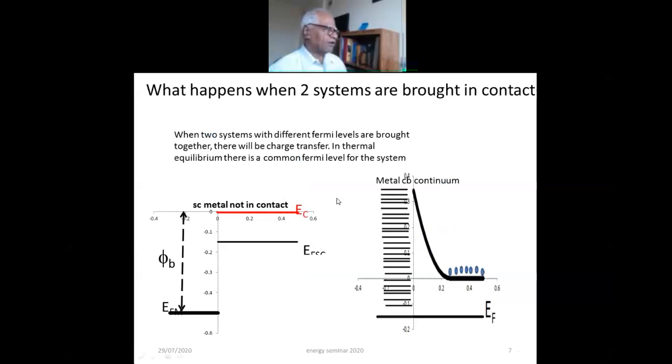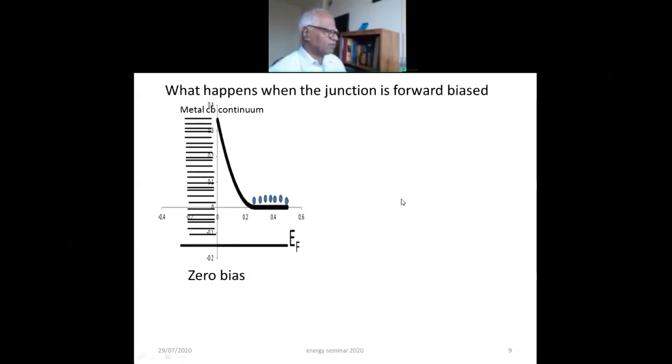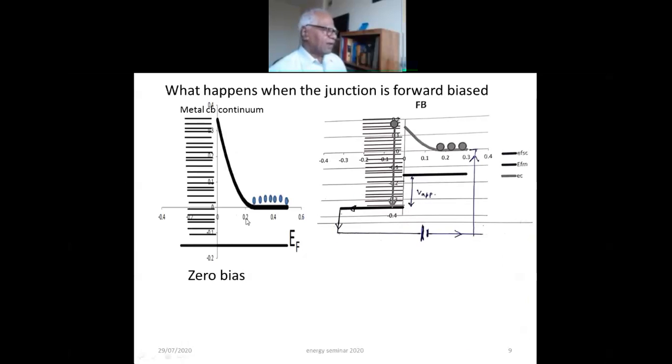Sorry, I went in the wrong direction. Let me see what happens when I start biasing it. So this is zero bias, and now when I bias it, you can see that this barrier, which was so large from the semiconductor side, has become small. But phi b from the metal to the semiconductor remains unaffected, because when I put a negative bias here, the Fermi level of the metal is pulled down by the amount of bias with respect to the semiconductor.